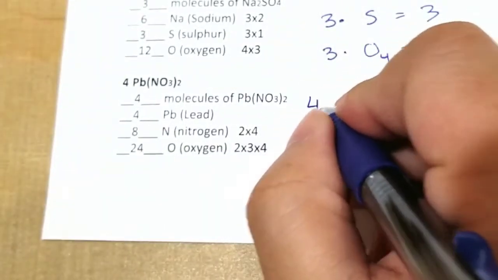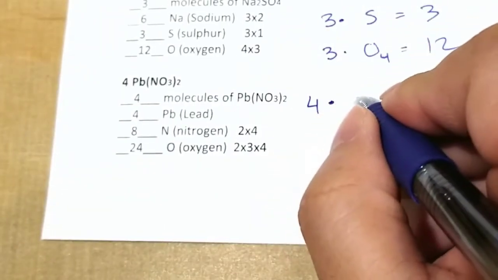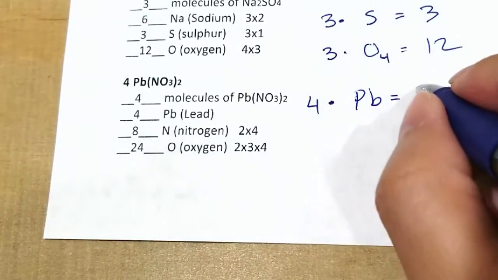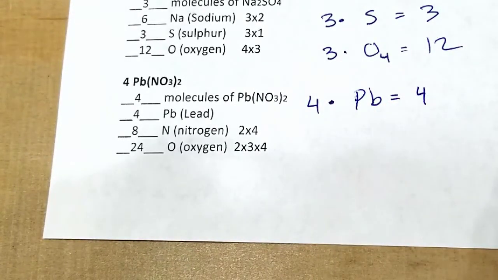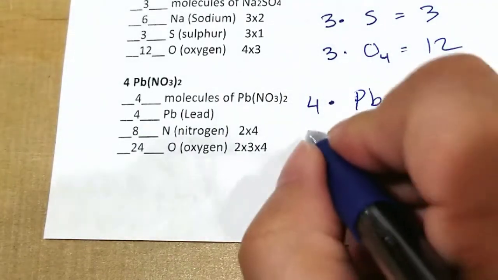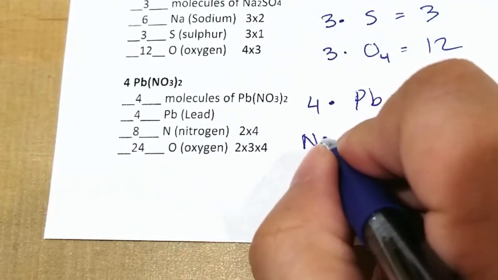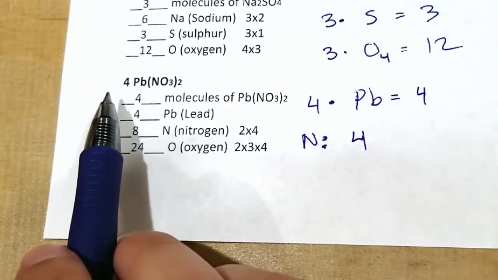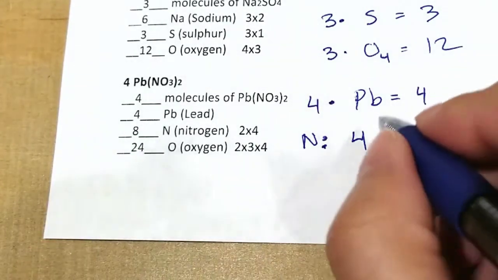We have 4 times Pb. Again, if it's by itself and there's nothing else, then that's just 1. So 1 times 4 is 4 for the Pb. For our N, first we have the 4. That's our coefficient. Then we have N, which is by itself.